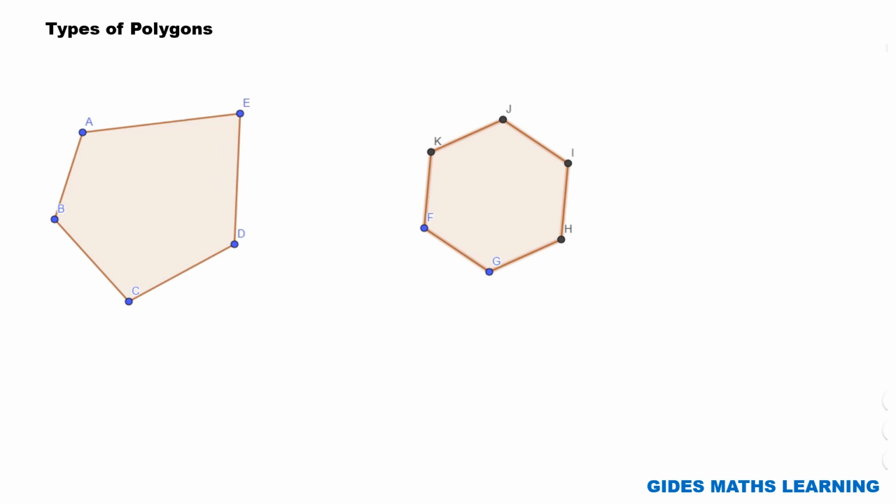We have the interior angle between the angle AED, which is 80.54 degrees. The angle between line DE and DC is 121.74.